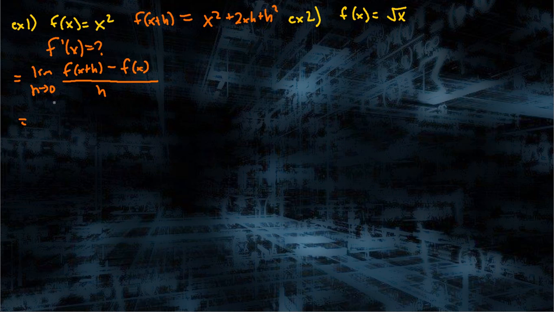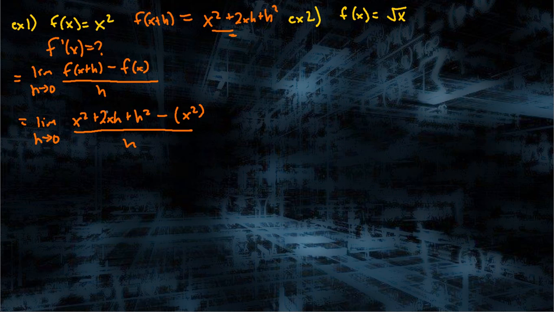So I need to get that h to cancel somehow, some way. So this piece is right here. So it equals the limit as h approaches 0 of x squared plus 2xh plus h squared minus, now got to be careful, all of this goes in here, x squared, all over h.